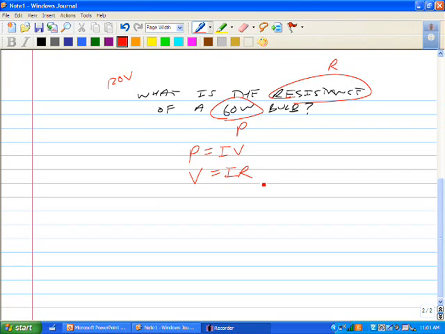But rather than do that, we're going to come up with a couple of shortcut equations. And all they are are substitution equations.